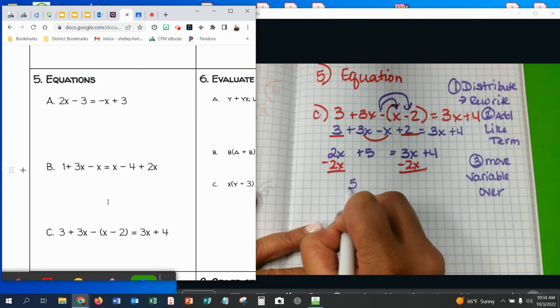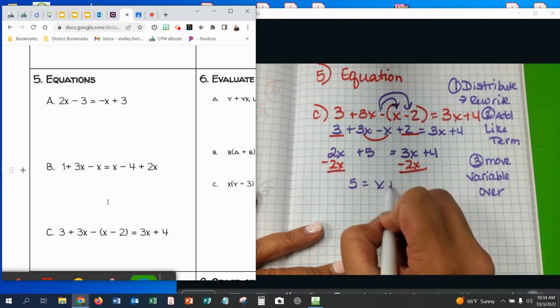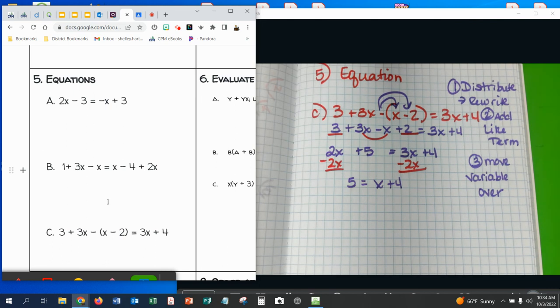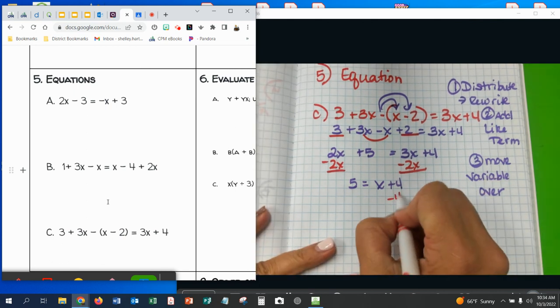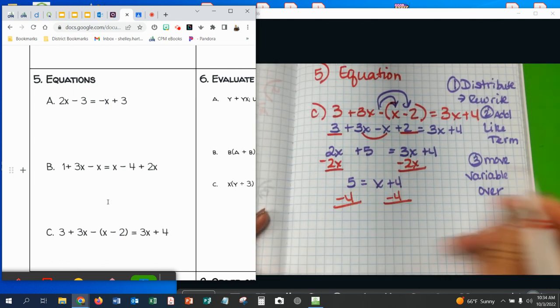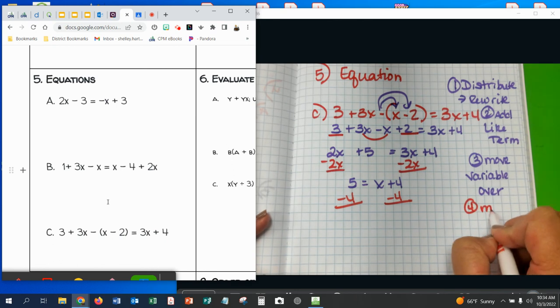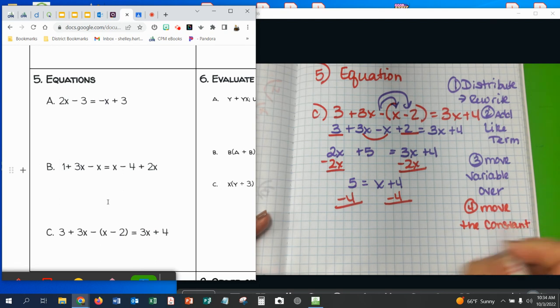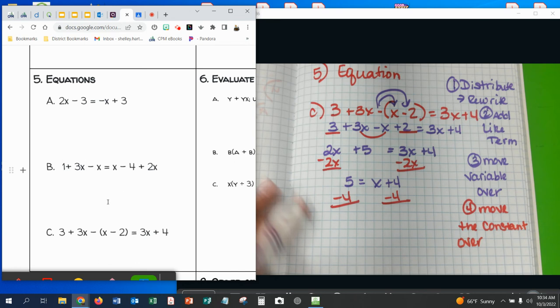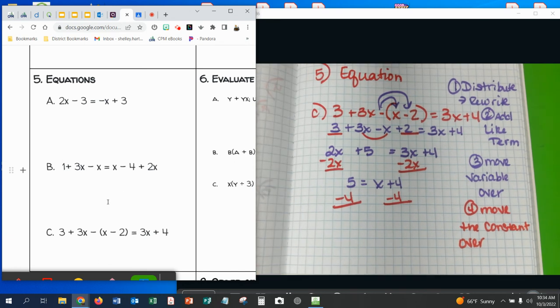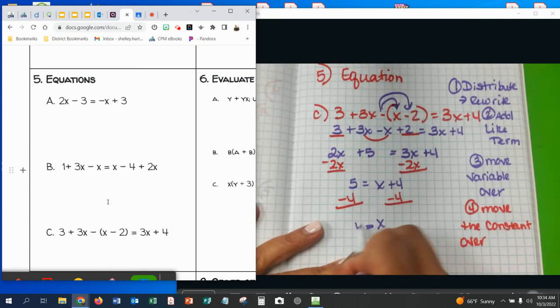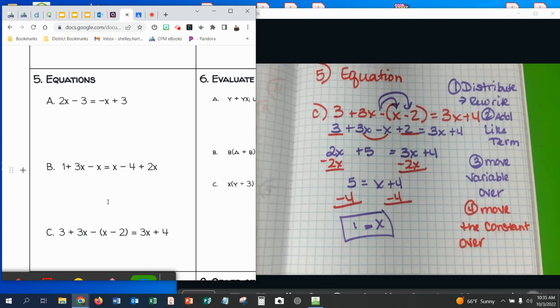So now I have 5 equals x plus 4. Move the constant over. X equals 1. And that's C.